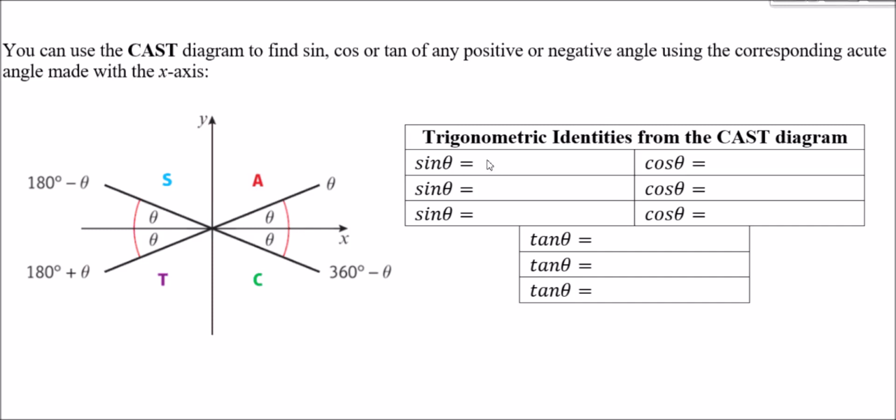So it's always measuring anti-clockwise from the x-axis. So first of all, let's just think about different sine theta identities. And so sine theta is the y coordinate of any point along here. So we can see here, sine theta here will be the same as sine 180 minus theta, because this angle here is the same magnitude as this one, and both are above the x-axis, so both will be positive.